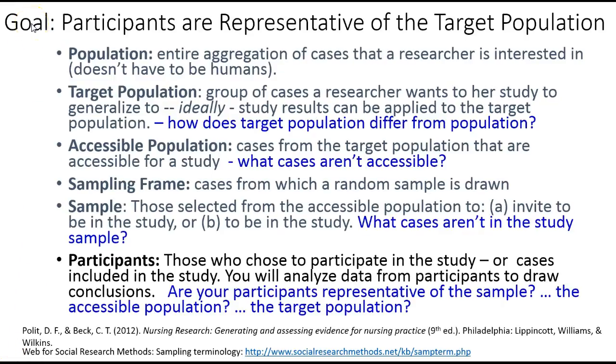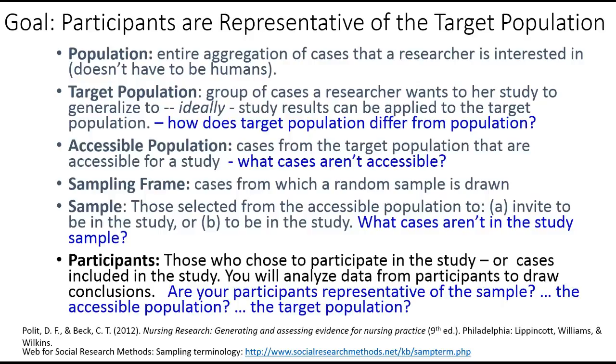So the goal, when we're finished with sampling, is to have participants who are representative of the target population. We want the characteristics of our participants to be similar to the characteristics of a target population.